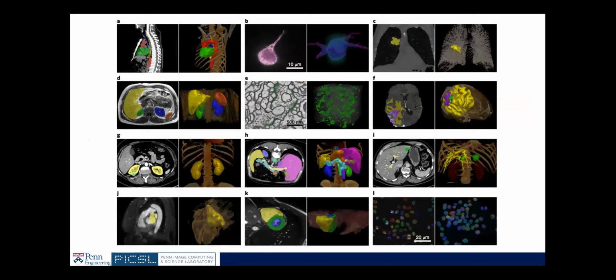And they have benchmarked nnU-Net on a variety of different anatomies across a range of modalities to segment different structures. Here are some examples of brain segmentation, cell segmentation, different abdominal anatomies, chest, liver. So basically it takes care of the entire human anatomy, from the cellular level to the coarser level of organs.